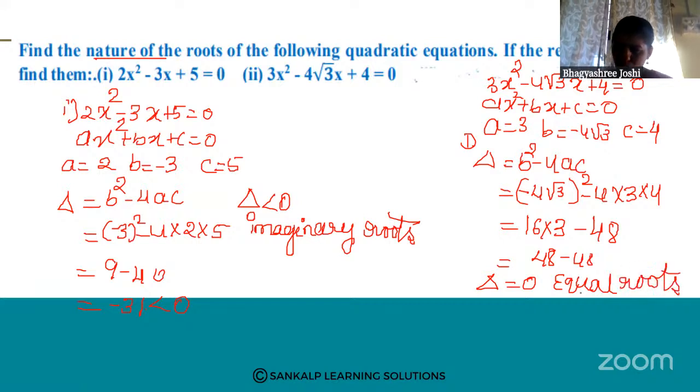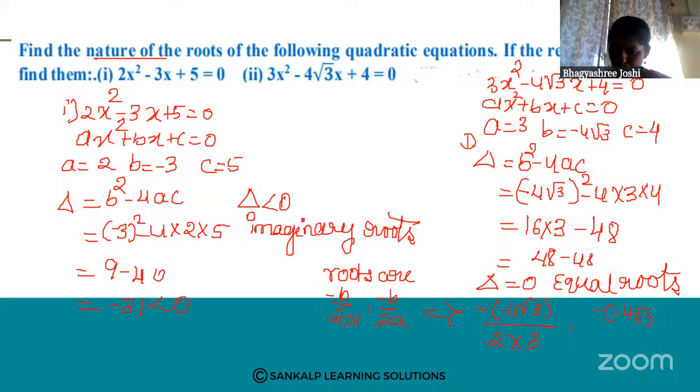So for equal roots, there are two roots, that means minus b divided by 2a and minus b divided by 2a. Okay. So minus b value is minus of minus 4 root 3, divided by 2 into a value, which is 3 here.